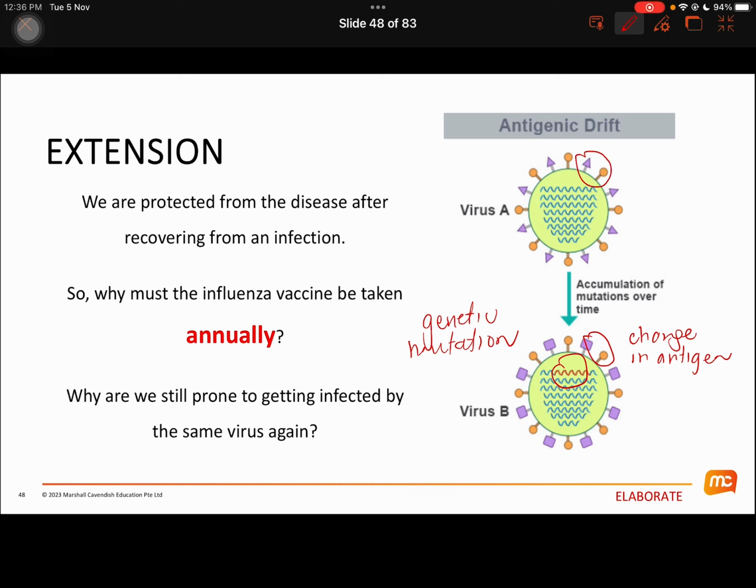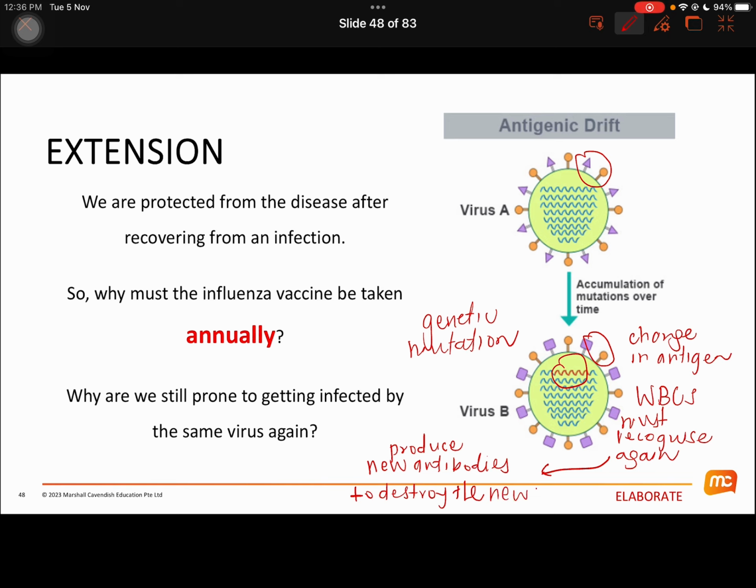So when the surface protein looks different, the lymphocytes, the white blood cells, must recognize it again, and they must recognize it in order to produce new antibodies to destroy the new virus. This is why some vaccinations must be taken regularly, because of how fast the genes can mutate inside these viruses and bacteria.